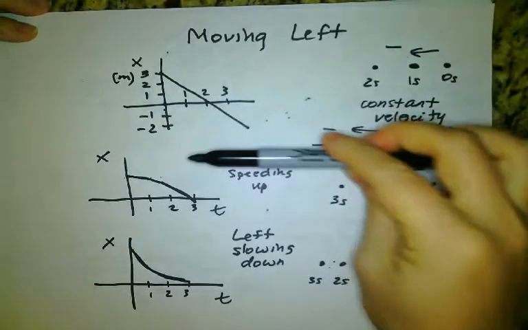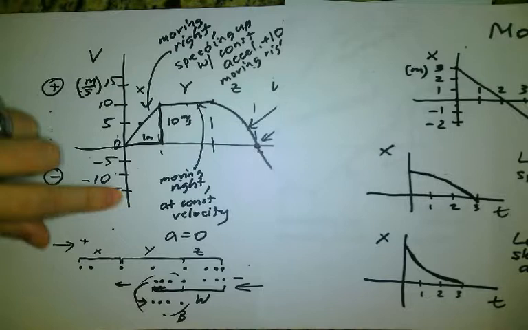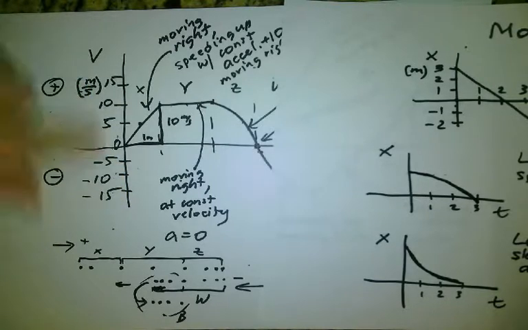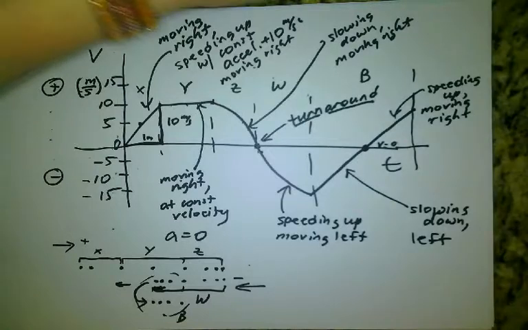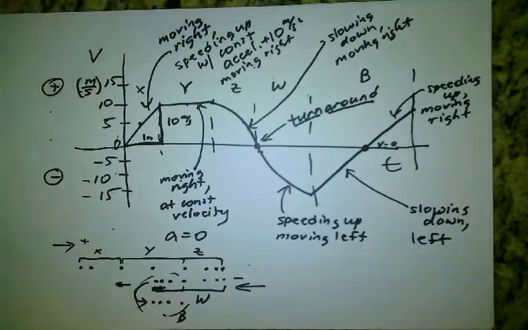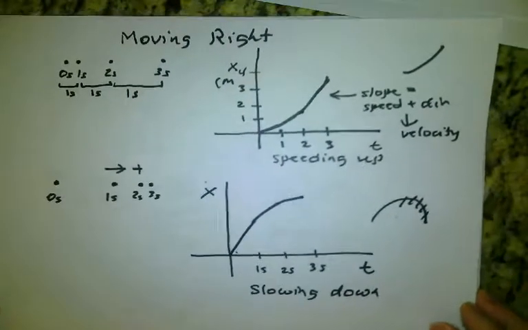That's very different than here, where if you're moving left, your values of speed are negative. And if you're moving right, here's some examples of moving right graphs. You can see the position numbers are increasing, but the slopes are different if you're speeding up versus slowing down.